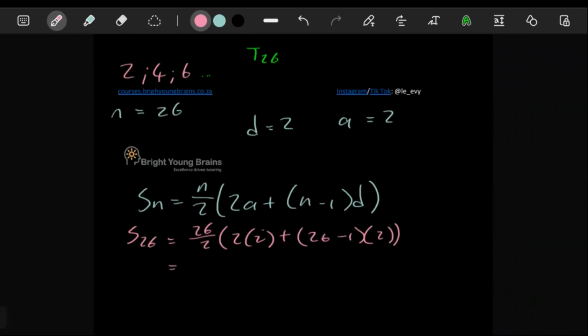This is 702. So with 702, that's the area of all the triangles.